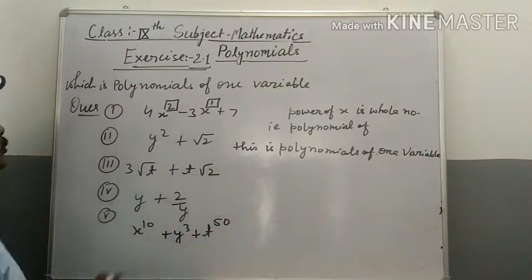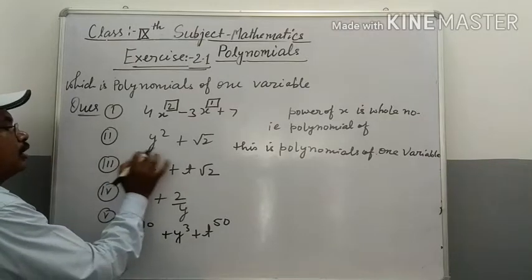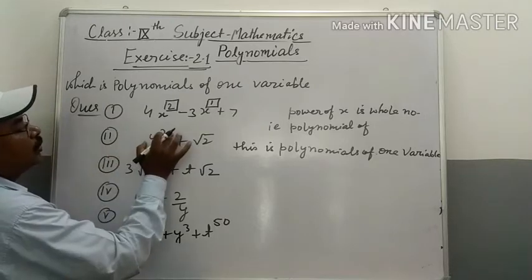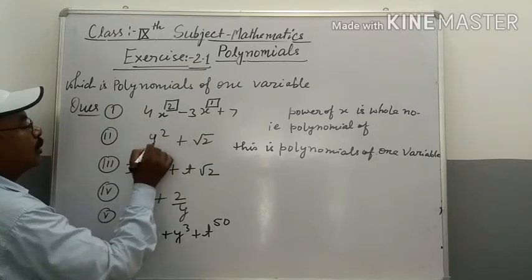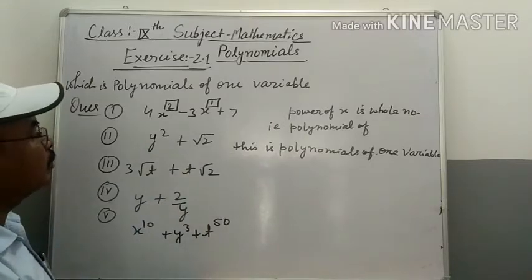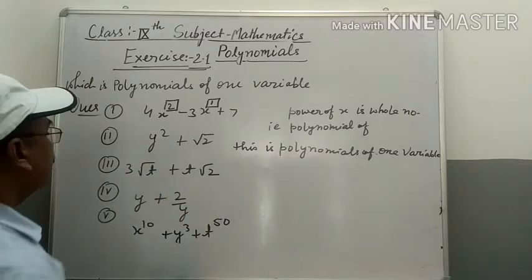You can see here the variable is only one, y, and the power is a whole number. The power of y is a whole number. This is a polynomial of one variable. That is the response of our answer.